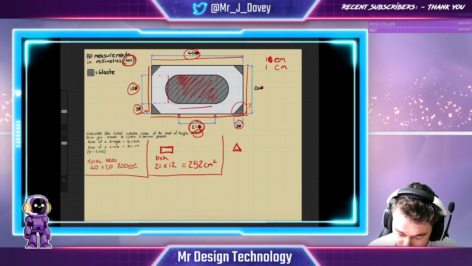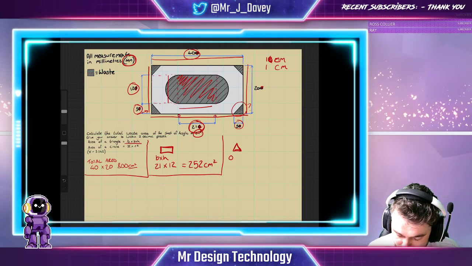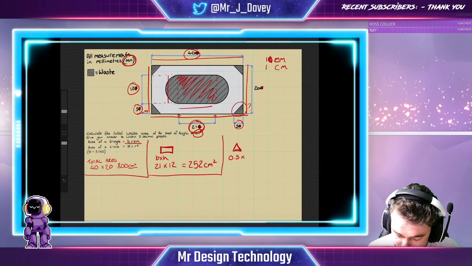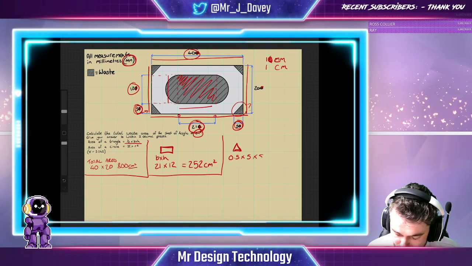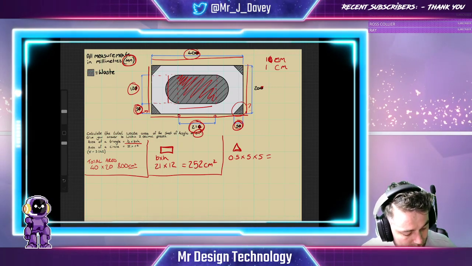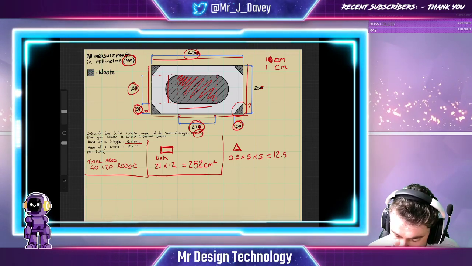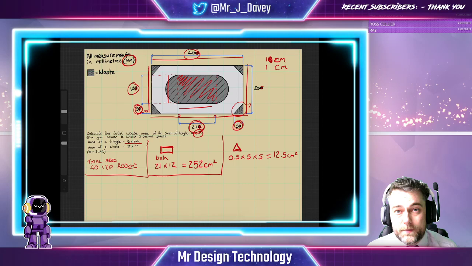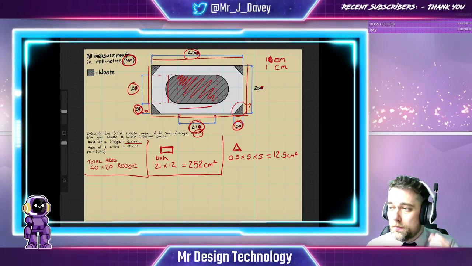Now this tells us to do half times base times height. So I'm going to go 0.5 times 5, that bit, times 5, which is that bit, and crunch that into the calculator. 0.5 times 5 times 5 equals 12.5 centimetres squared.